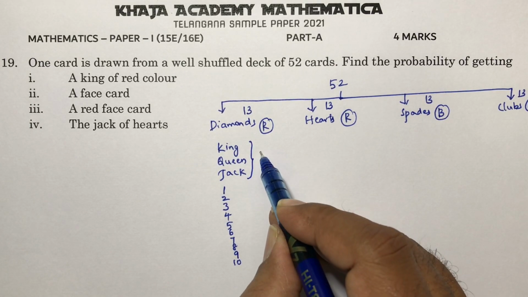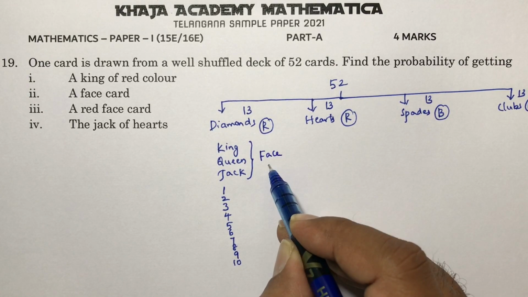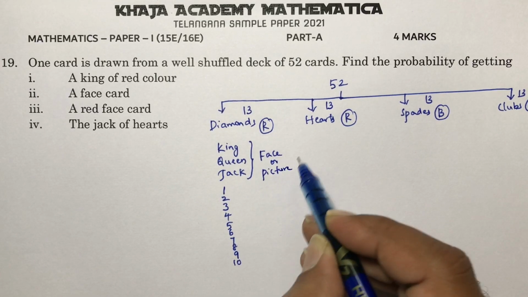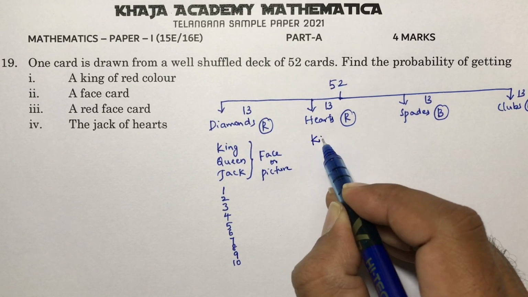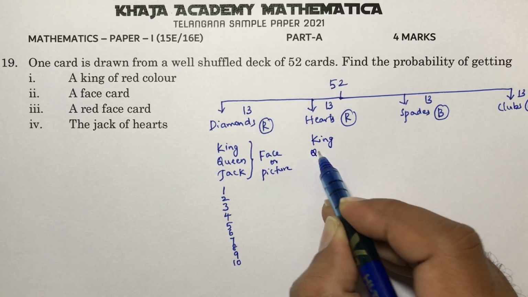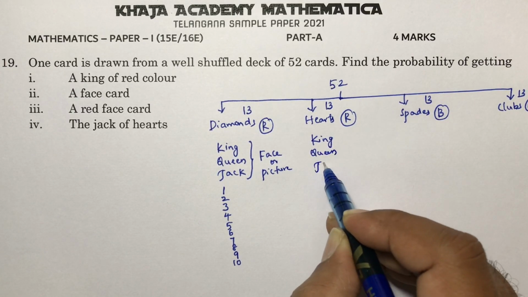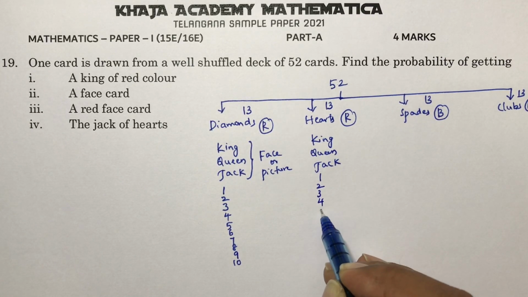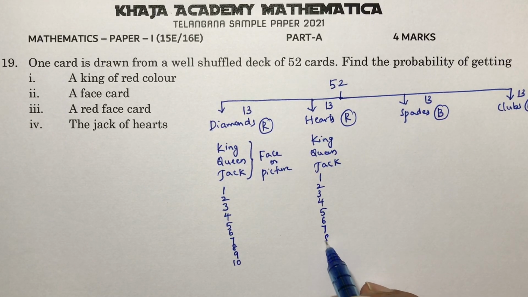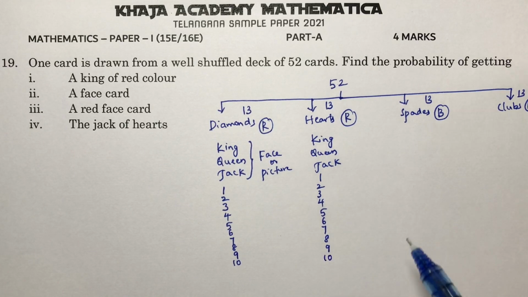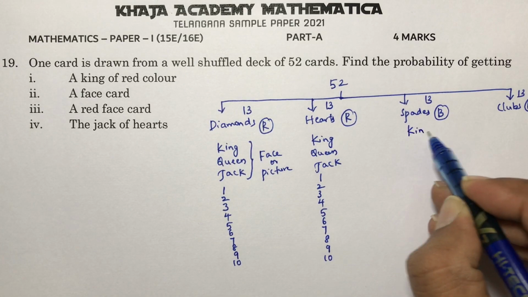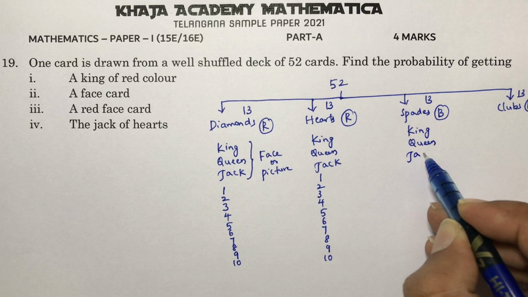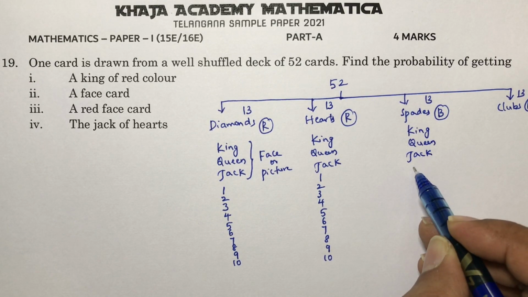This king, queen, jack we will call face cards or picture cards. Here also same: king, queen, jack. Then 1, 2, 3, 4, 5, 6, 7, 8, 9 and 10. Here also same thing: king, queen, jack, face cards.